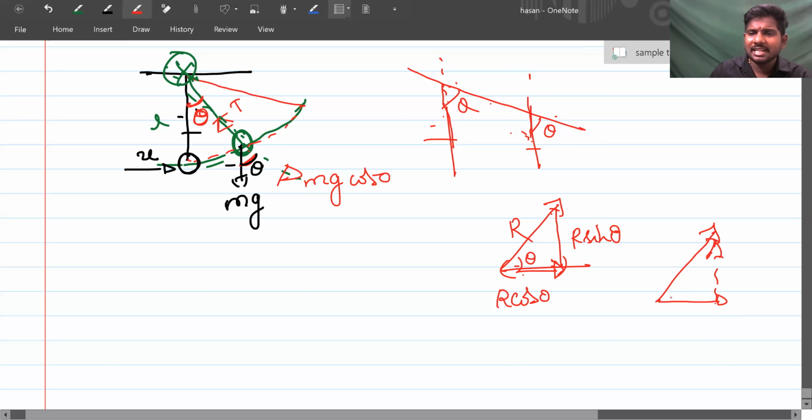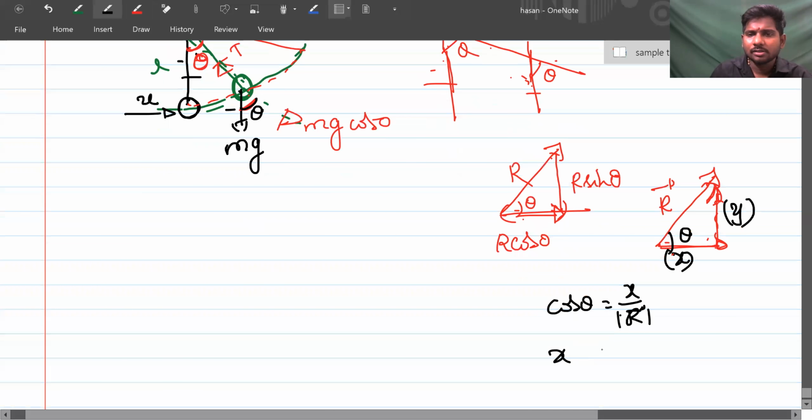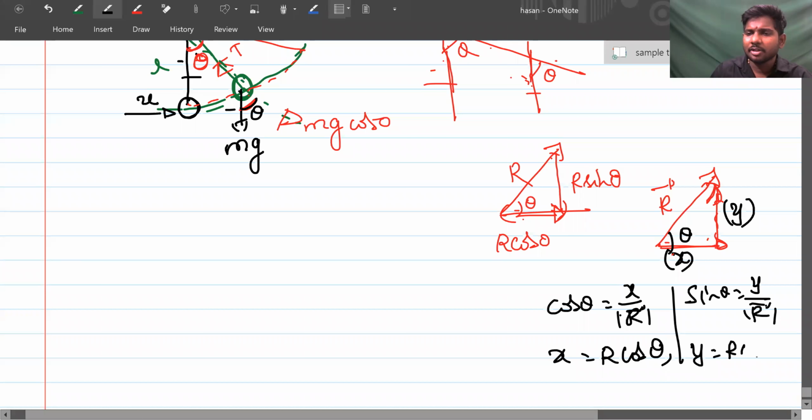Now I'm considering this magnitude as x, this magnitude as y. So this is theta. What is cos theta? Cos theta is x by the magnitude of r, so x is equal to r cos theta. Similarly, sin theta is equal to y by r, that is, y is equal to r sin theta. Did you get this?